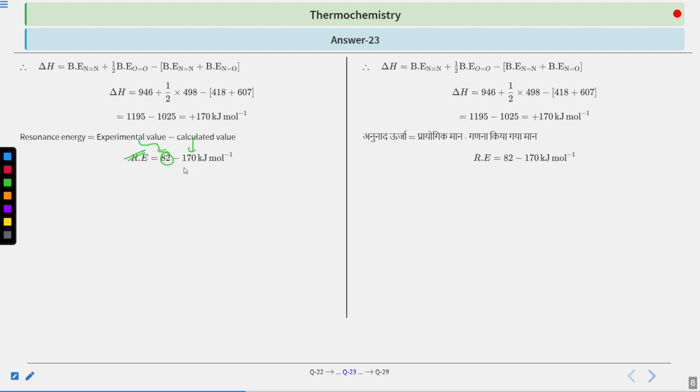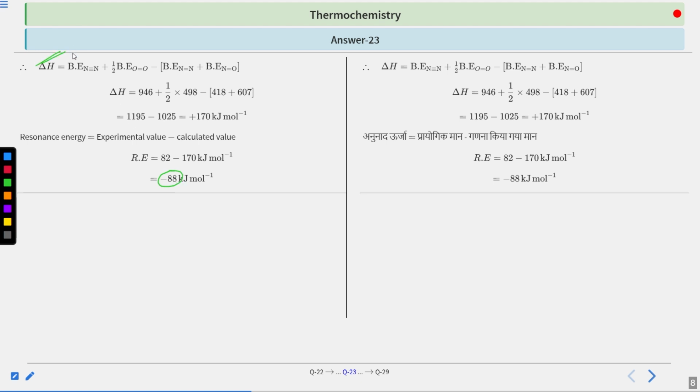So 170 amount of energy should be there, but due to the extra stability the difference is equal to 88 kilojoules. This much energy is released due to the stabilization due to resonance. So that is again with a negative sign, and minus 88 will be your correct answer. Clear? Question is simple. So two things you should remember.